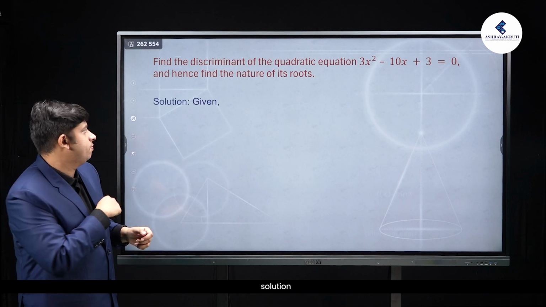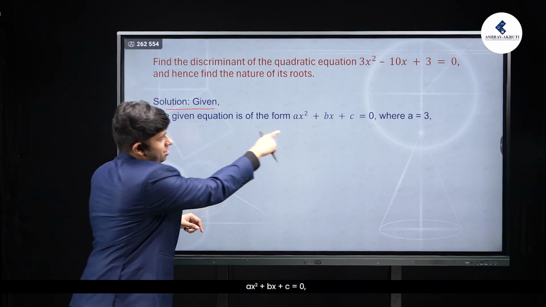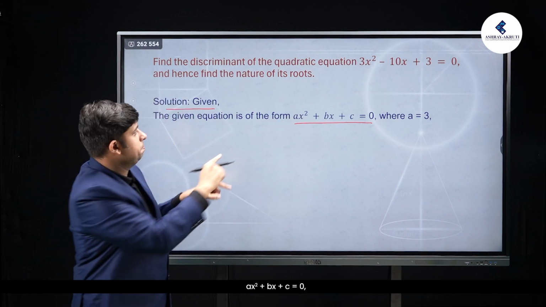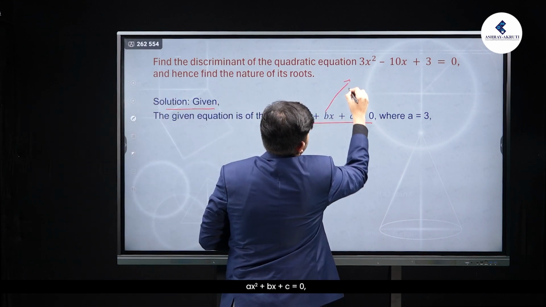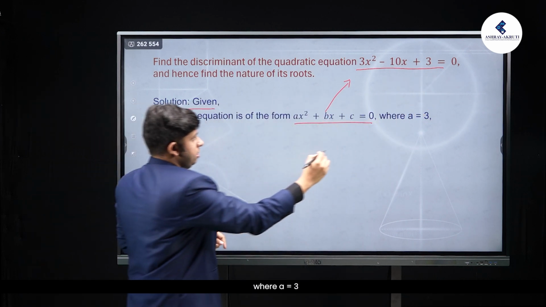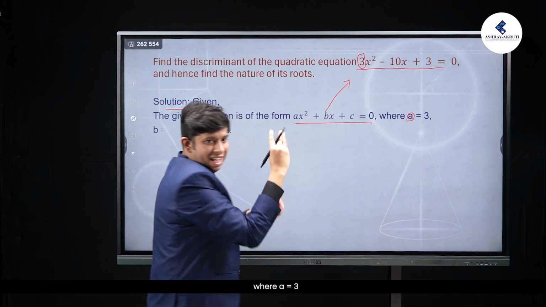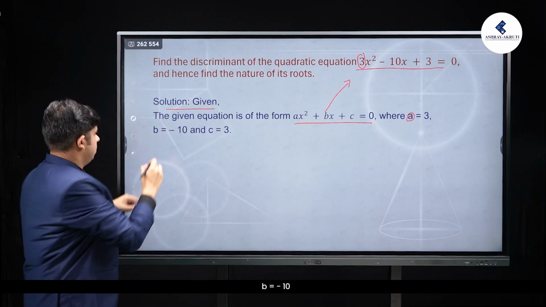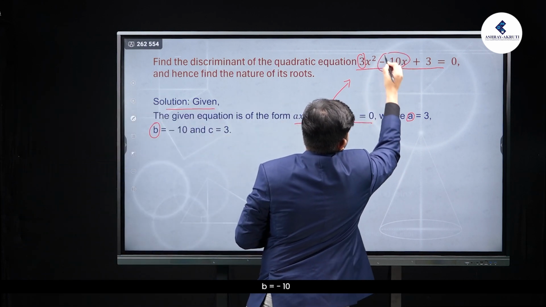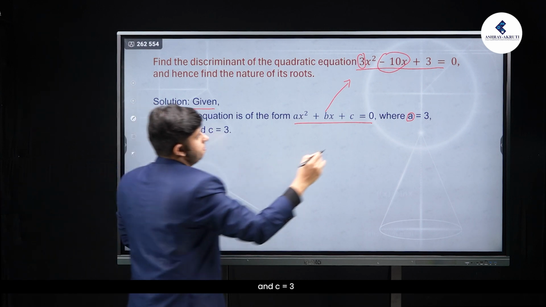Solution: the given equation is of the form ax square plus bx plus c equal to 0, where a equal to 3, b equal to minus 10, and c equal to 3.